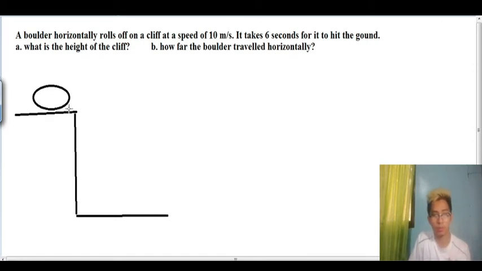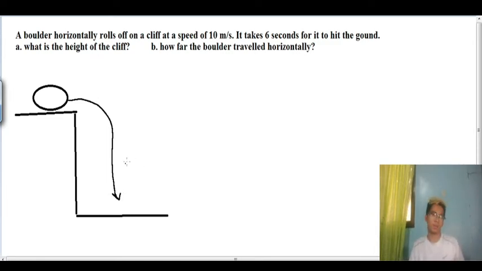This is a boulder and it rolls horizontally to the ground. When we say the boulder rolls horizontally, it just means that it doesn't have velocity in the y component. It rolls in the horizontal component only.